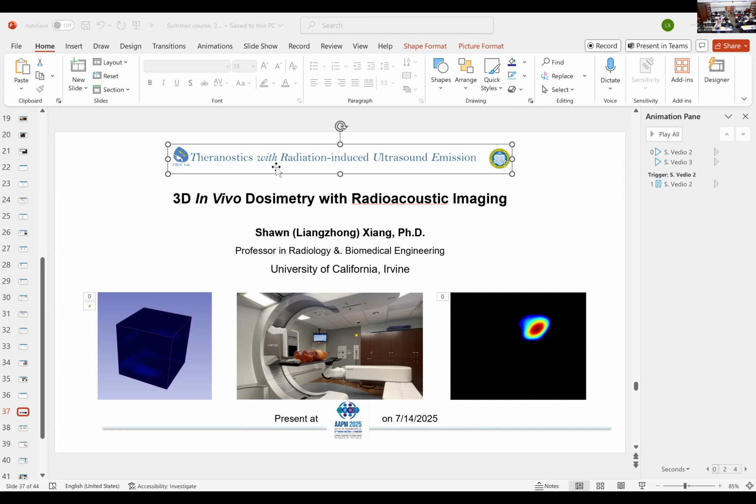But glucose doesn't really have an absorption peak, so it's very hard to use any of the optical imaging modalities to really quantify glucose, in my opinion. Okay, thank you.